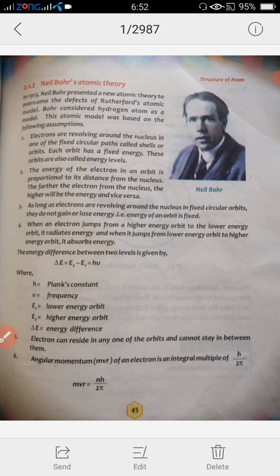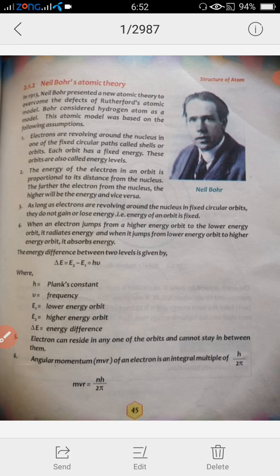So the main postulates and the main points of the Niels Bohr theory are: electrons are revolving around the nucleus in circular paths, which we call energy levels, or known as orbits.